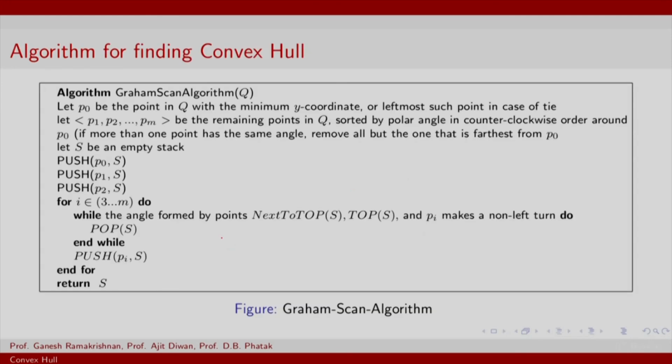So here is the algorithm for finding the convex hull. We start with the reference point P0 with the lowest y coordinate. In some sense we also have P1 as the next reference point. We push P0 and P1, and then the subsequent points P2 onwards will be queried.